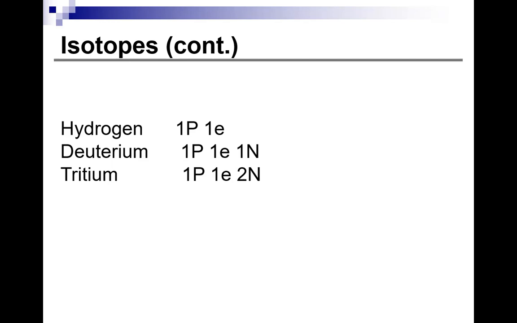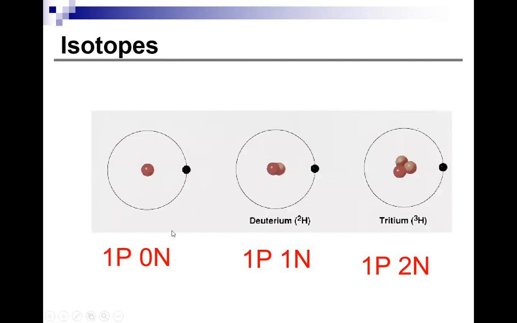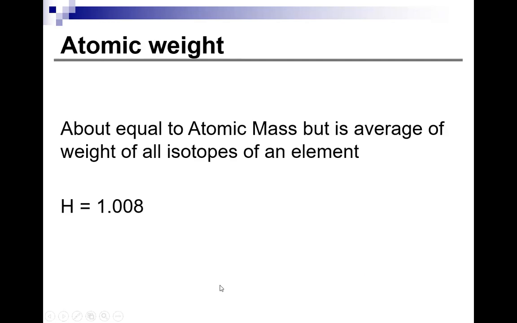Here this shows those isotopes: 1 proton, no neutrons, 1 electron; deuterium, 1 proton, 1 neutron, 1 electron; and tritium, 1 proton, 2 neutrons, 1 electron. All are considered hydrogen, but each has a different atomic mass because of the differing number of neutrons.